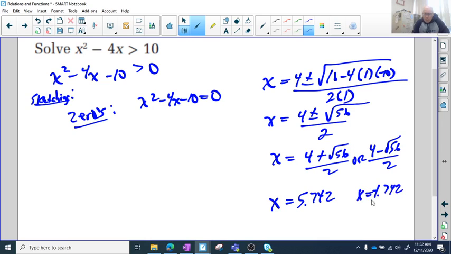So it doesn't make any difference whether these are nice integer numbers like they were in the last one, or rationals, or they're irrational like this. You still do it the same way, which is what I like about the sketching method.